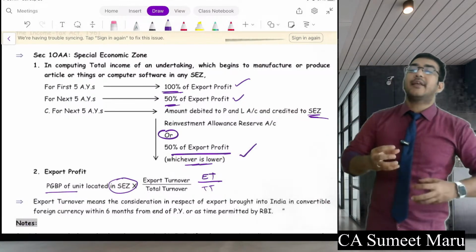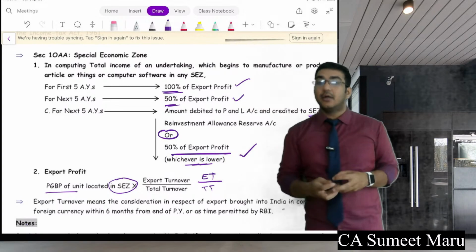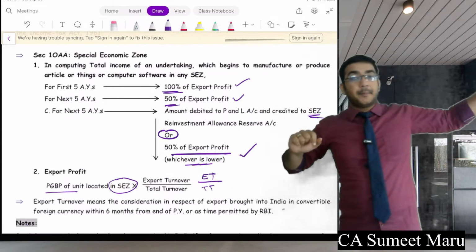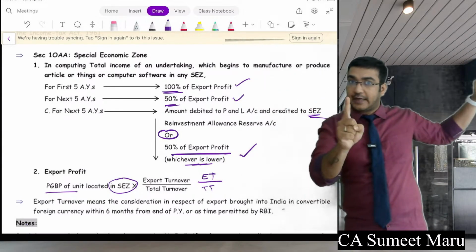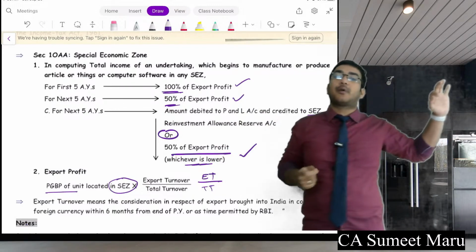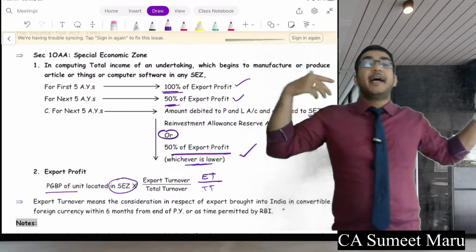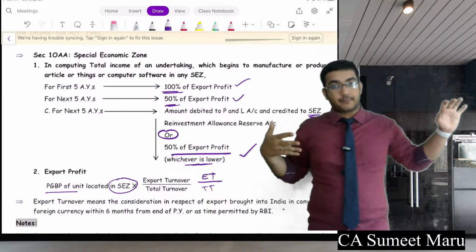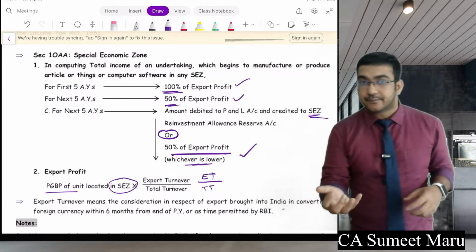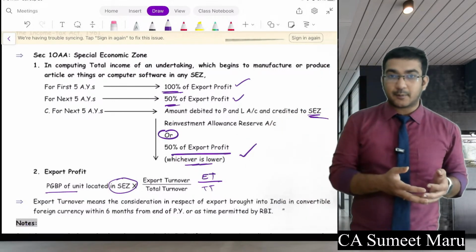So if you are having an organization in an SEZ, for the first 5 years, 100% of export profit, not profit, I'm saying export profit. What is export profit? It is your total profit multiplied by export turnover upon total turnover. Next 5 years, it's going to be 50% of the export profit.